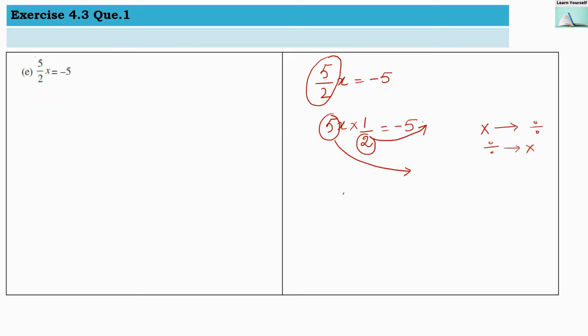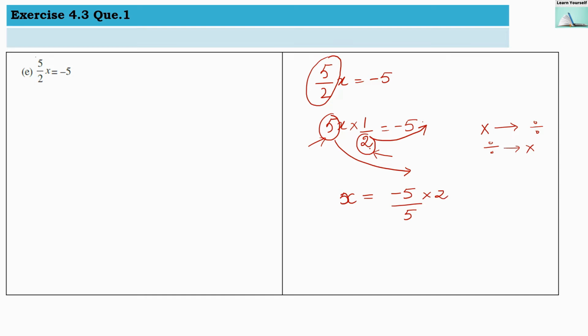Let us see that. First I write x equals minus 5.